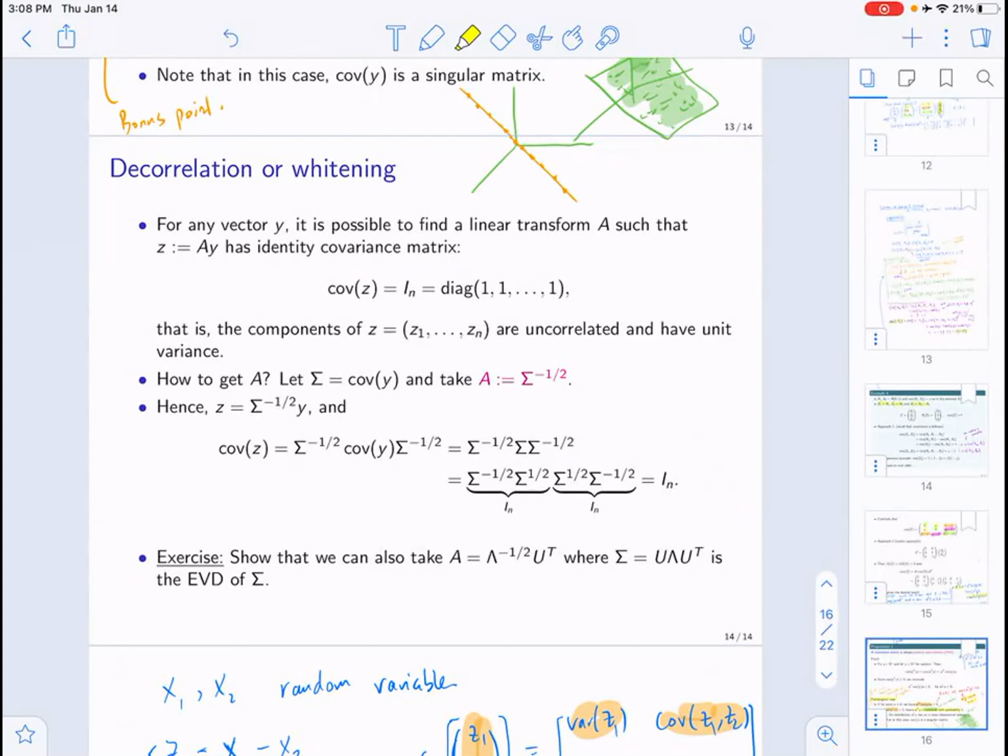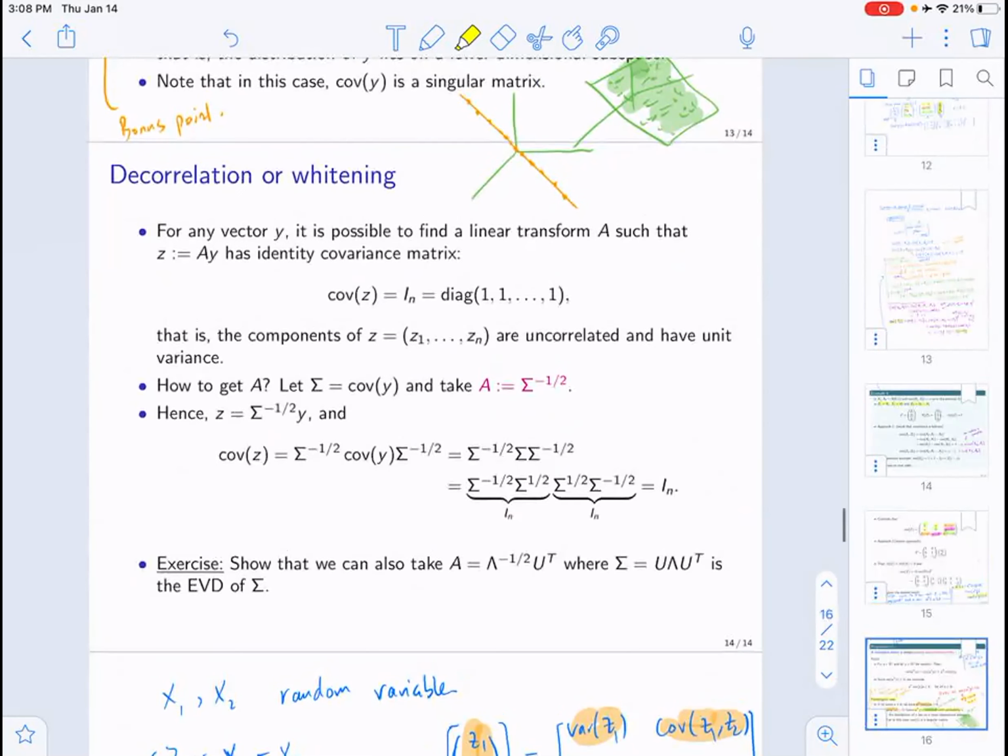You can also reverse this transformation. We'll talk maybe about that later. Given Z, which has this simple covariance matrix, I can come up with Y that has a given covariance matrix sigma by just inverting this transformation.